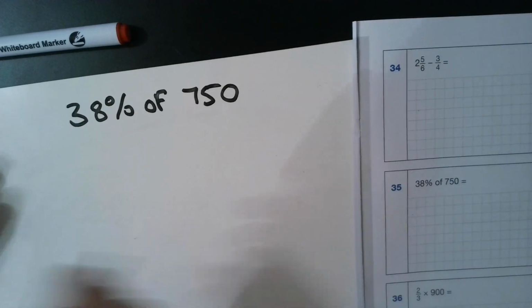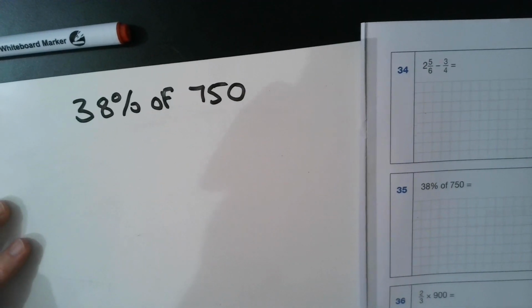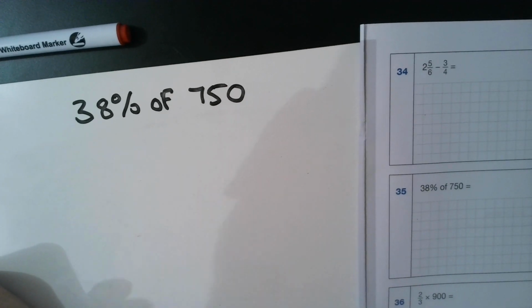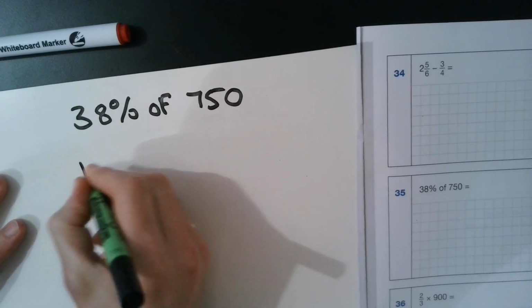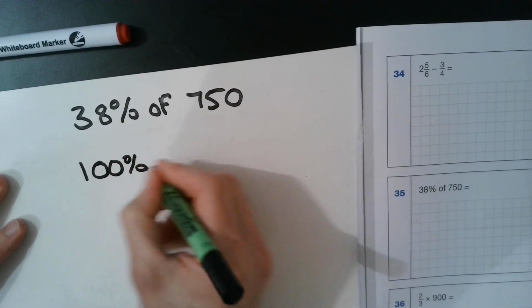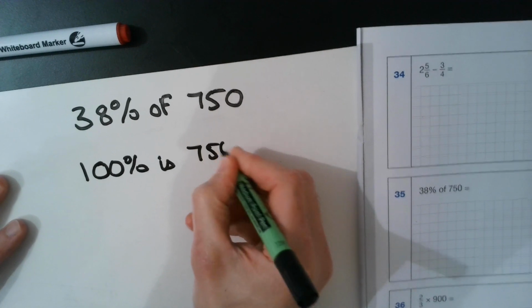So, now, I'm just thinking of the best strategy to work this out. Now, 38% is very close to 40%. So, we know that 100% is 750.